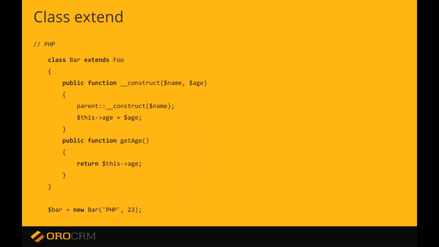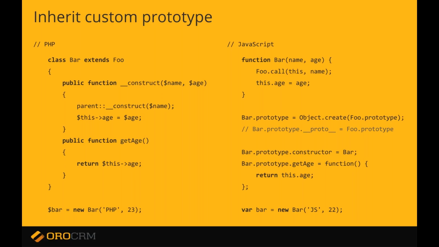Okay, how will it look in JavaScript? In JavaScript, it will look a bit complicated. Not so much, but a bit. So we also create the constructor with two arguments, name and age, and inside we also invoke the parent constructor, but here we do it by name.